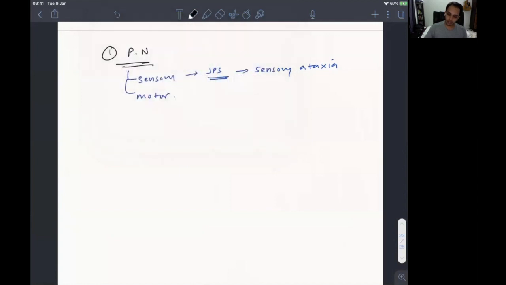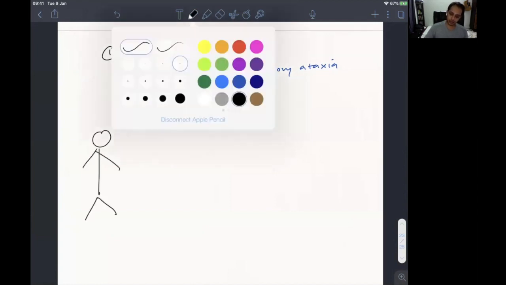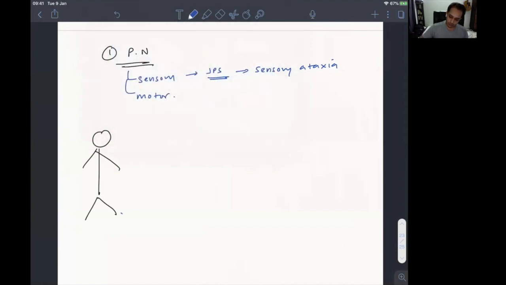Practically speaking, what happens is the person is standing, and ideally the joints are supposed to give information up saying whether they are completely extended or flexed. But if the nerve fibers are gone, then your brain doesn't know if both your legs are completely extended, or is one of them flexed, or is one of them slightly abducted or adducted.